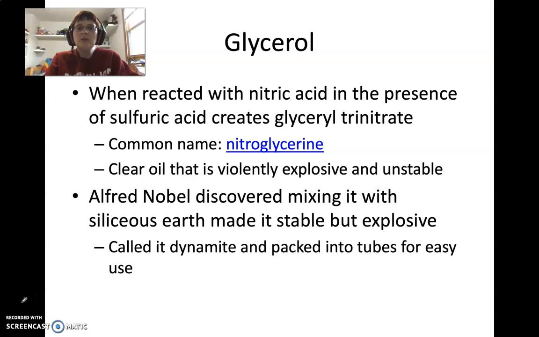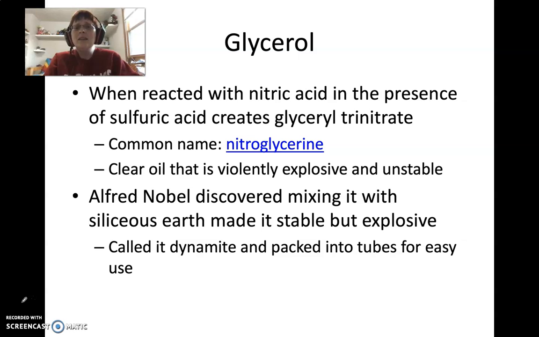It would stay stable. You could carry it around in your backpack, put a fuse in it and still use it for explosions, but it wouldn't explode just from being jostled around in your pack. This is actually how Alfred Nobel made a lot of his money.